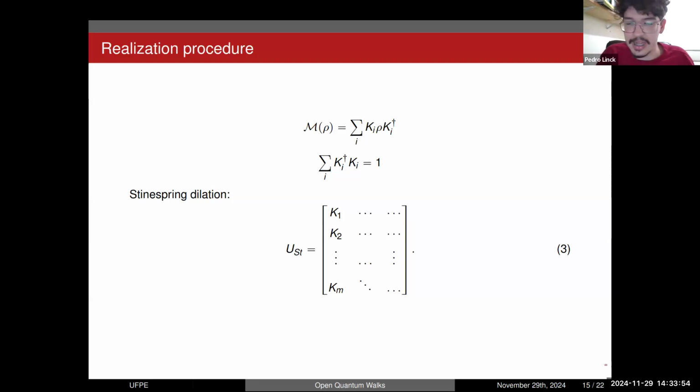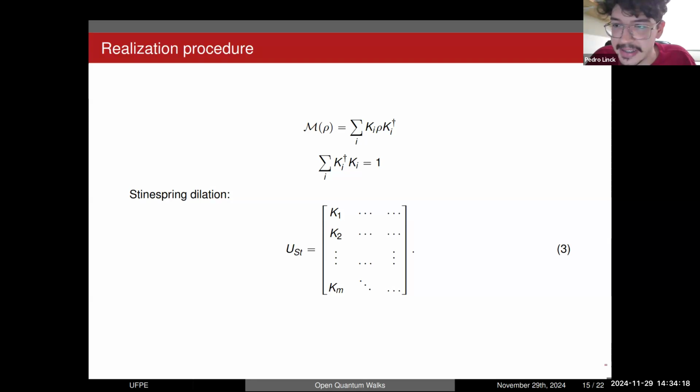If the dimension of the system is n and you have m Kraus operators, this unitary acts on a space of dimension m times n. So it's very large.